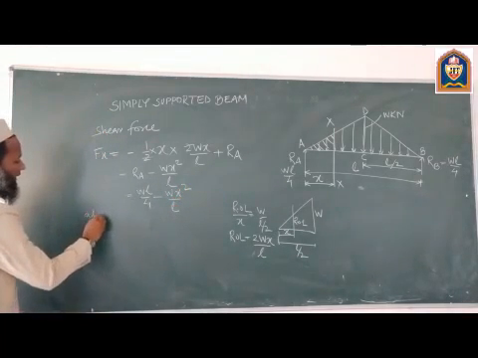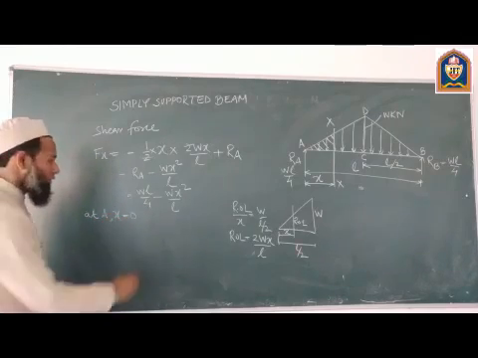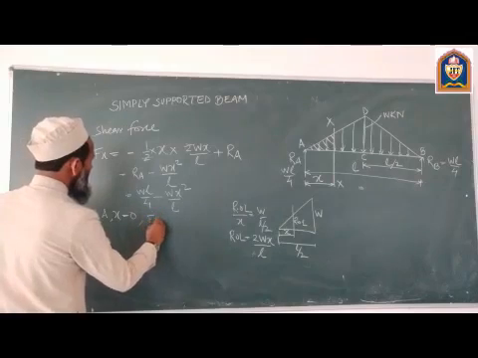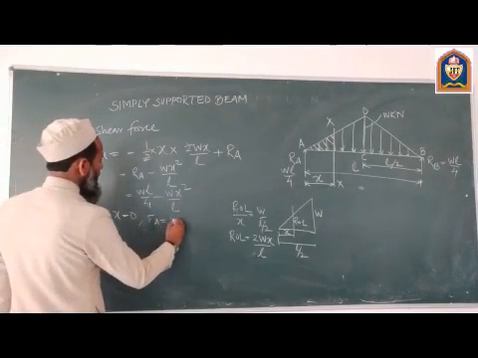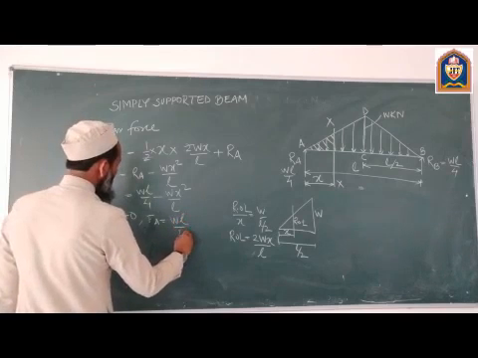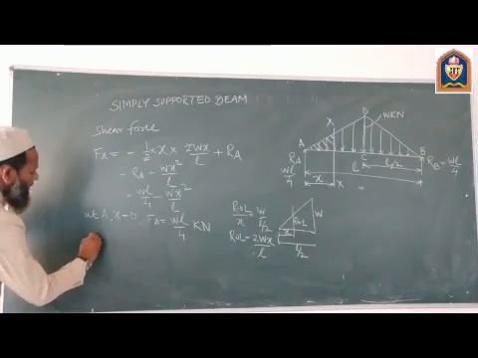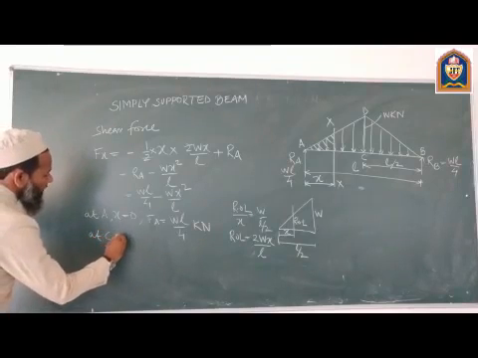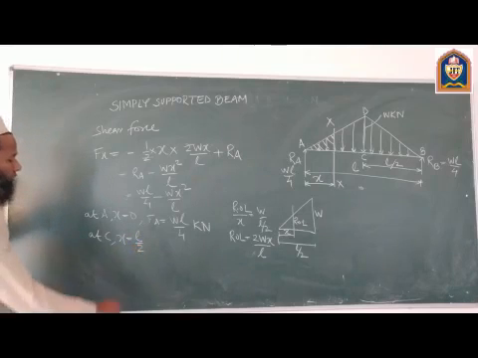So at point A, the value of x is 0. So the shear force at A is equal to, this becomes 0, so it is WL by 4 kilonewton. At point C, the value of x is L by 2.